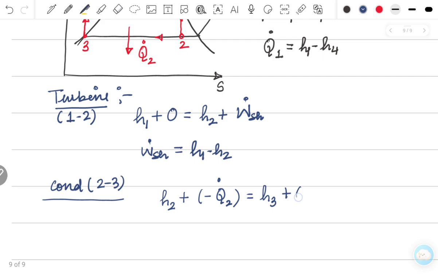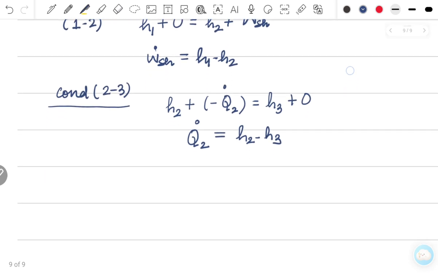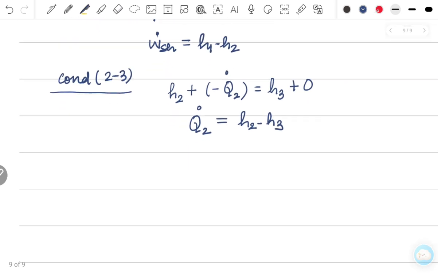No shaft work is involved, so the amount of heat loss, I have taken already the magnitude, will be equal to H2 minus H3. So don't get confused, this is nothing but the magnitude of heat loss.